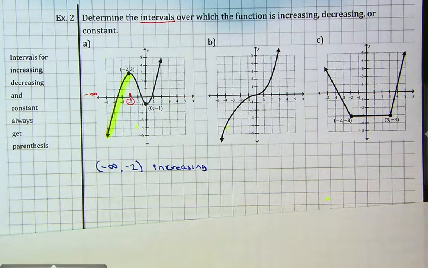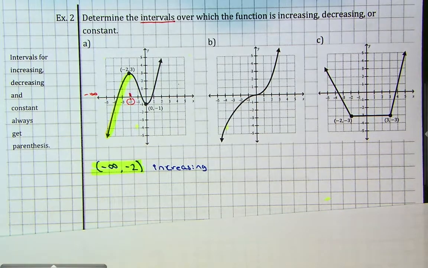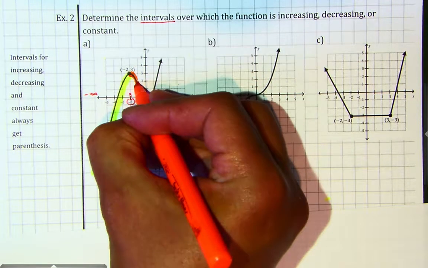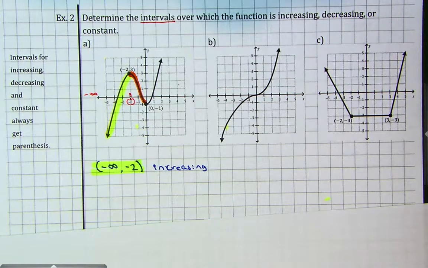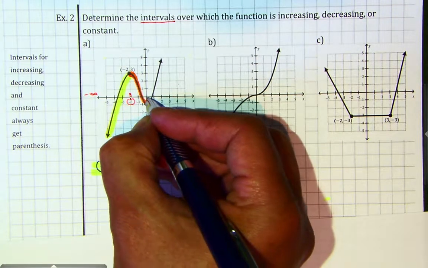On the second part, which is this section here, that's going to be decreasing. So we go from negative 2 all the way to 0.